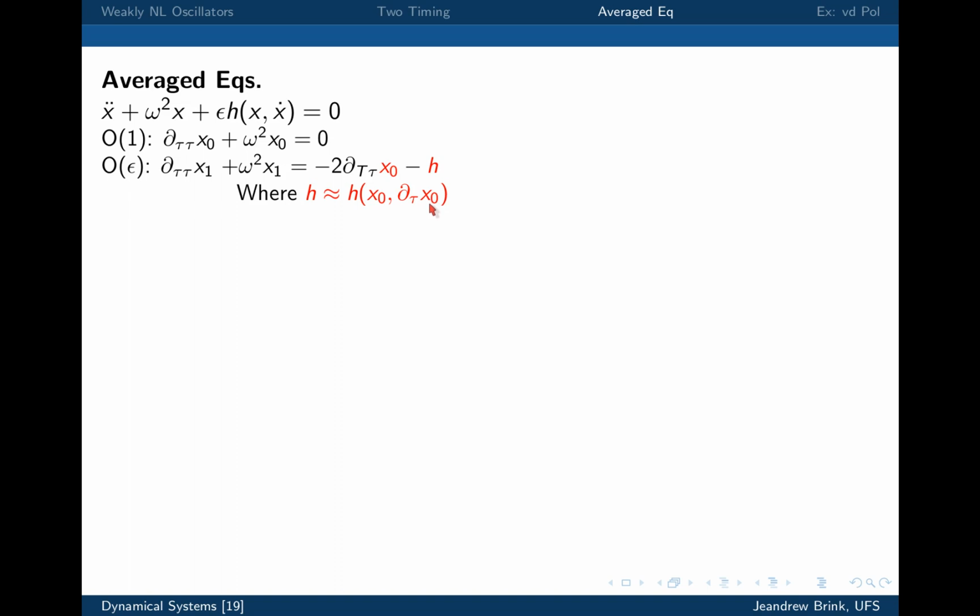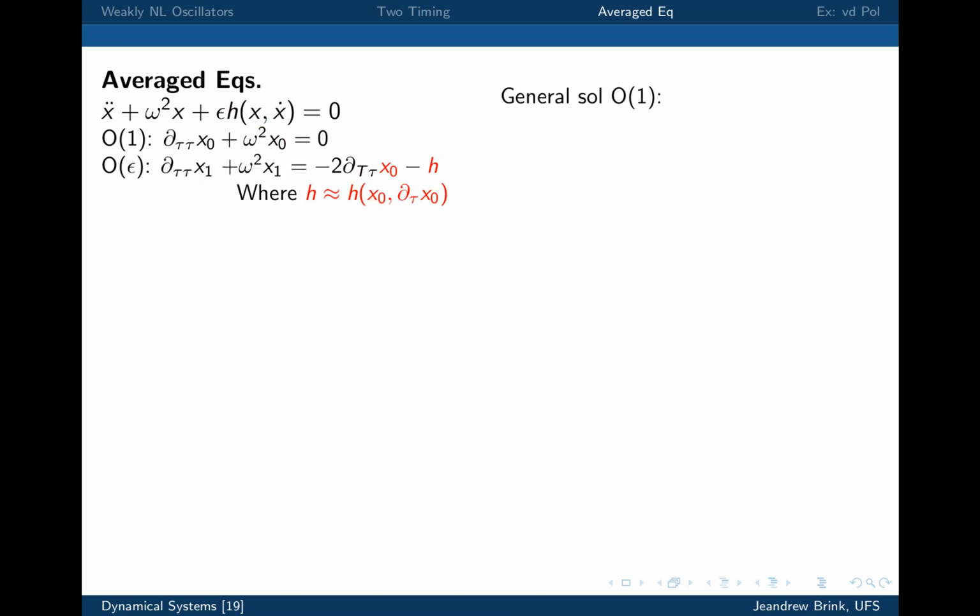And once again, you solve the order 1 equation to get x0, and then you substitute x0 into our definition of h, replacing x with x0 and x dot with the fast time derivative. And then you've got to also take this mixed derivative of x0 to actually get what the right-hand side is.